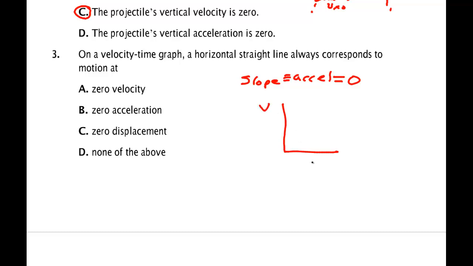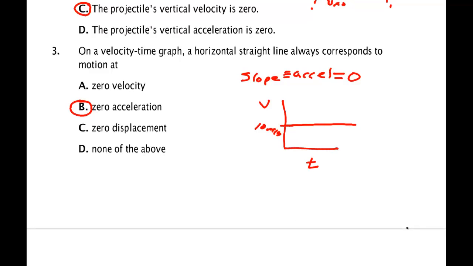So let's say that was, say, 10 meters per second, and you had a horizontal line, then your velocity would be 10 meters per second, and you would have 0 acceleration. It does not necessarily mean 0 velocity. It could, but it only says it's a horizontal straight line. It doesn't tell you that it's along the time axis.